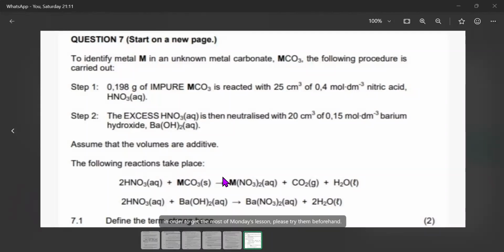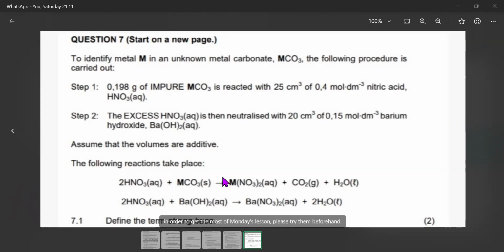The most important thing we can realize in step 1 is the fact that the 0.198, we can't really say is the mass of this metal carbonate because they tell us that it is an impure metal carbonate. So it's the mass of the total sample.